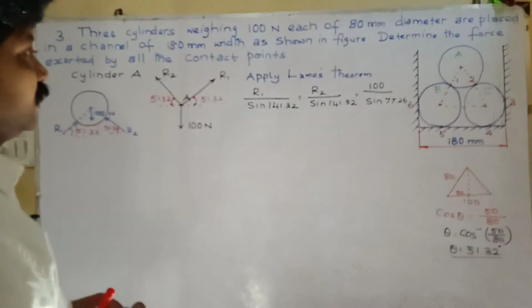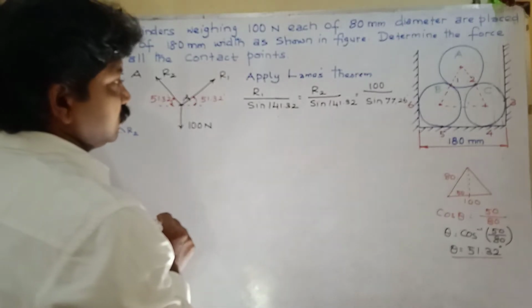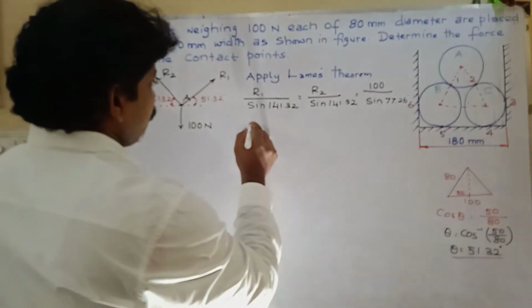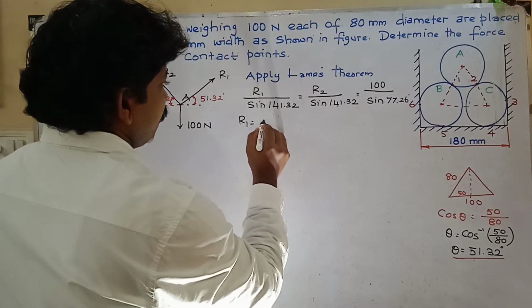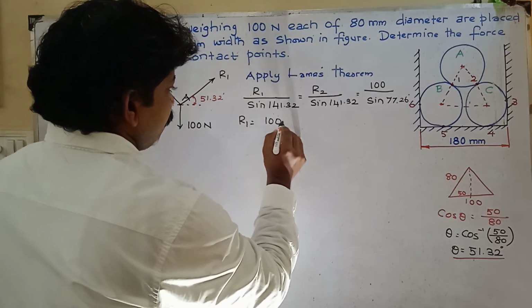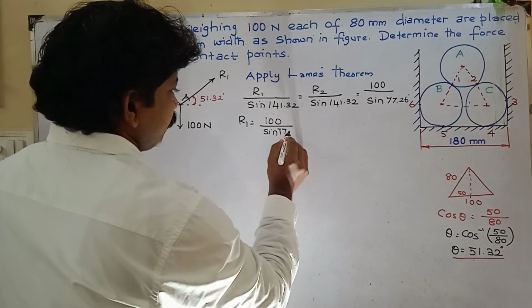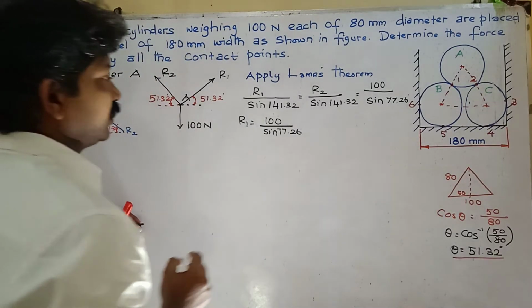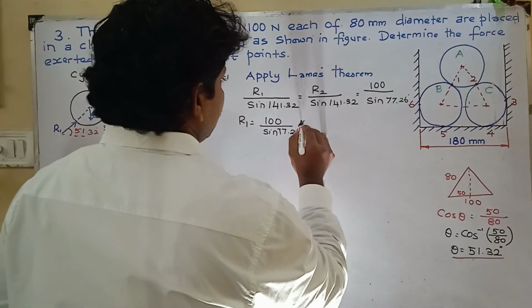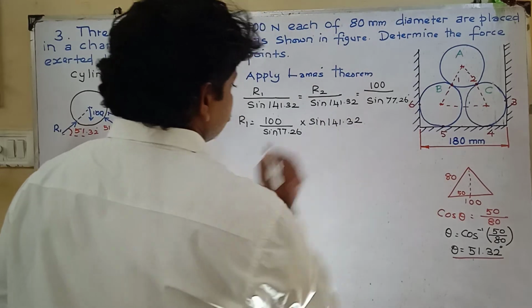Okay. So find the values of R1 and R2. R1 equals 100 divided by sine 77.26, into sine 141.32.